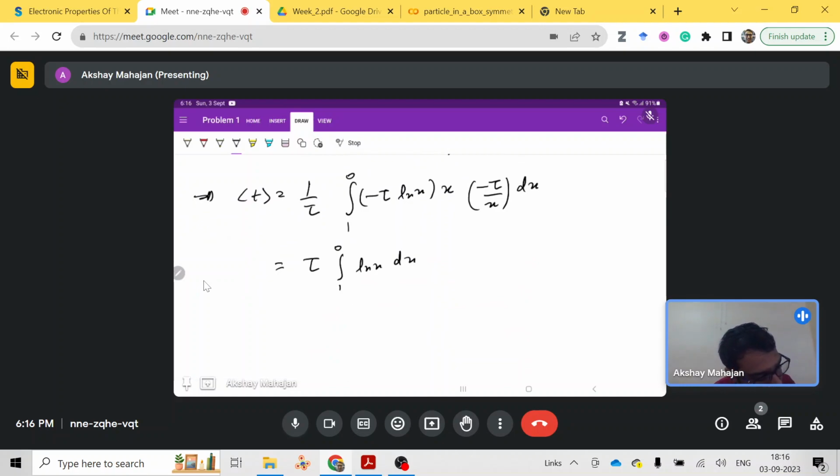Now to do this integration of ln x, we use integration by parts.